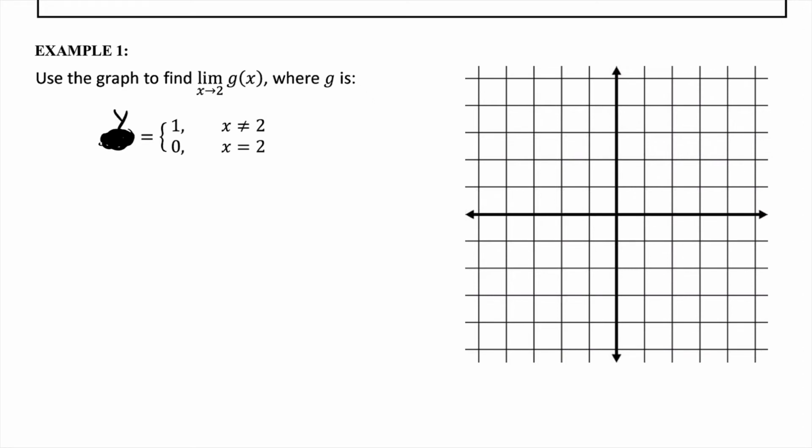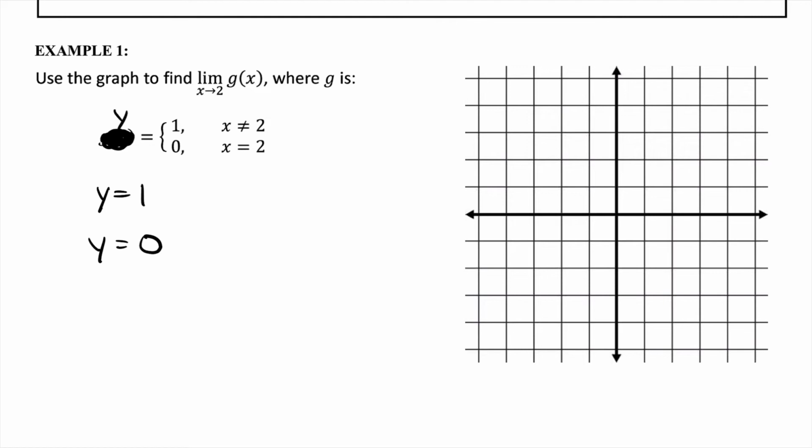This is just y equals 1, and y equals 0. Now, we're not drawing them everywhere. We're drawing them wherever they exist.